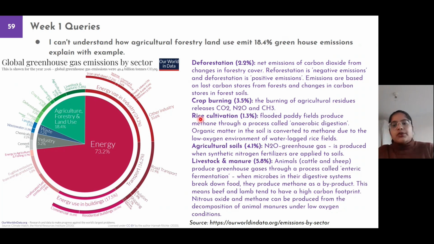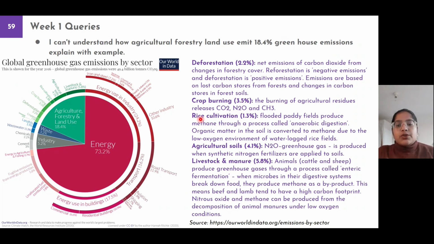Fertilizers being applied to soil produce nitrous oxide, which is a greenhouse gas, and this causes 4.1%. Then moving on to livestock and manure, which causes 5.8% of emissions for the sector.